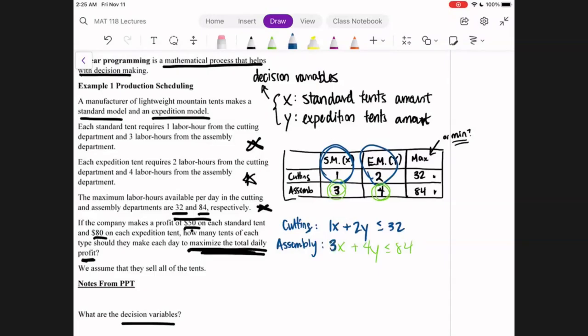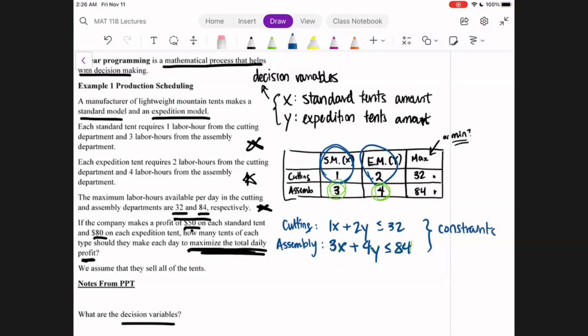This would be 3x plus 4y is less than or equal to 84. So we have, okay, two of our restrictions here, or sometimes people call them constraints. Right, so these are your constraints from the setup of the problem, okay?